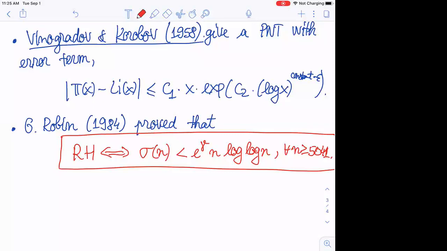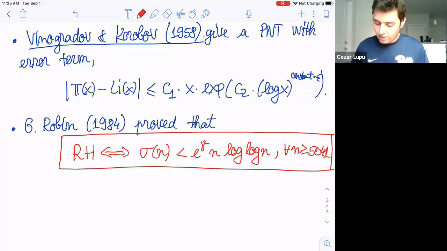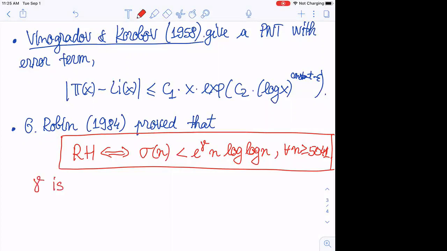Someone asks: what is gamma? Gamma here is the Euler-Mascheroni constant.